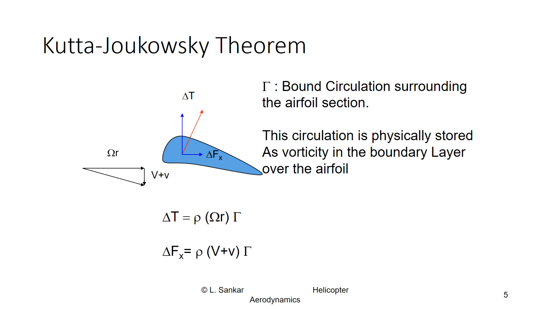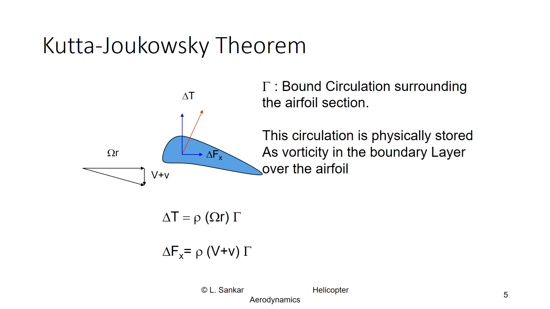Kutta-Joukowski theorem says that the vertical lift, delta T, or the vertical thrust in the case of a helicopter rotor, is density times forward speed of the blade section, which is omega r, times the circulation gamma.